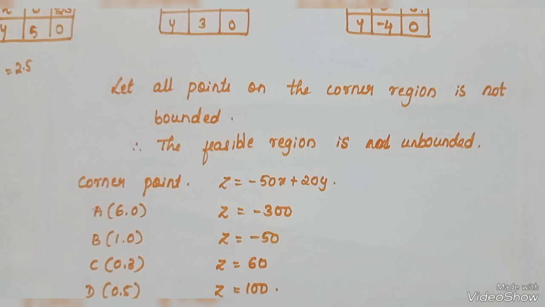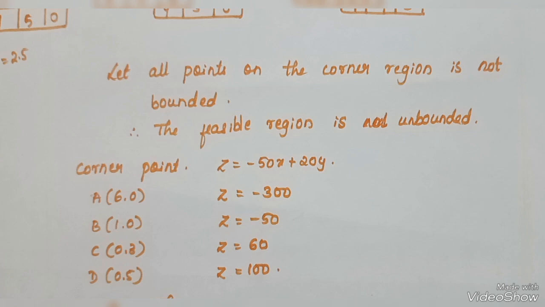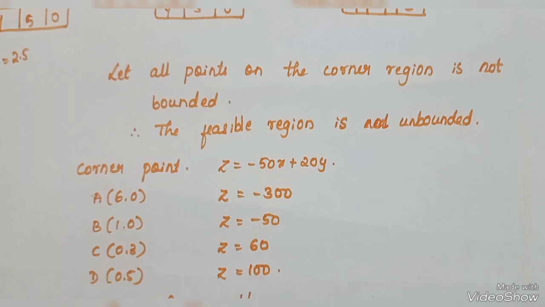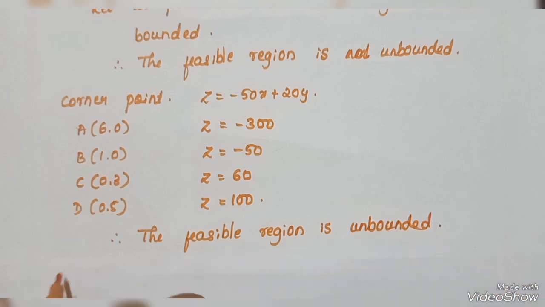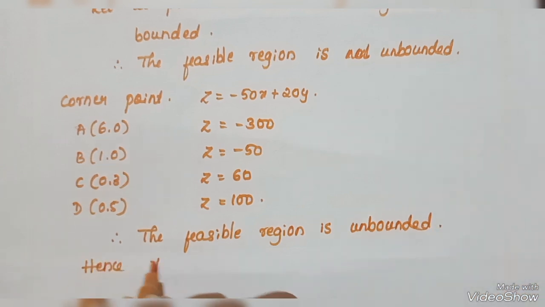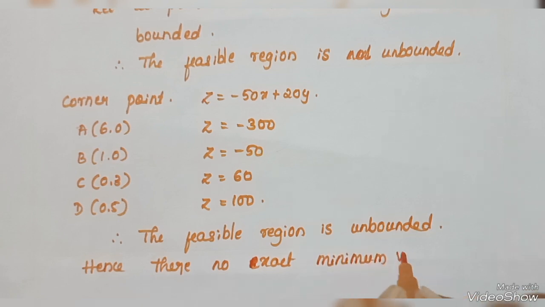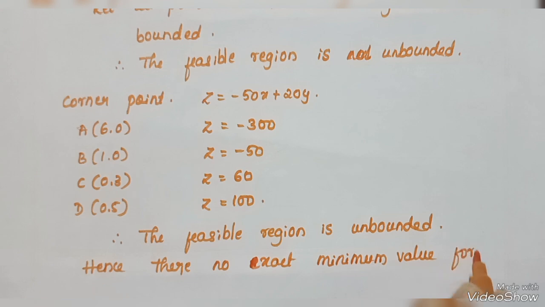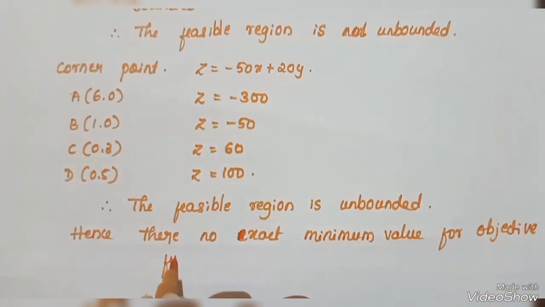Therefore the feasible region is unbounded, hence there is no exact minimum value for the objective function.